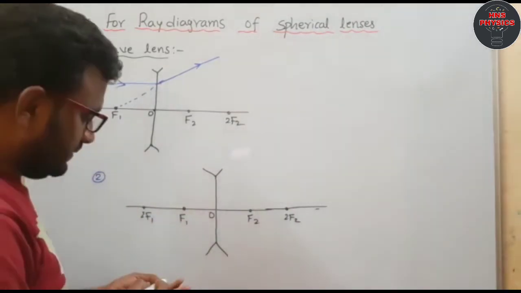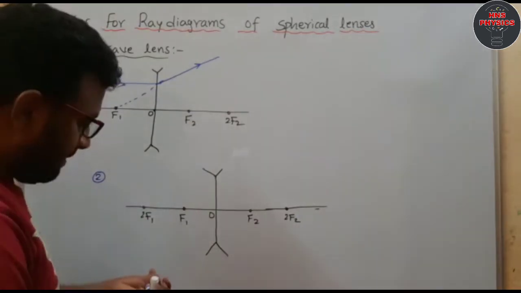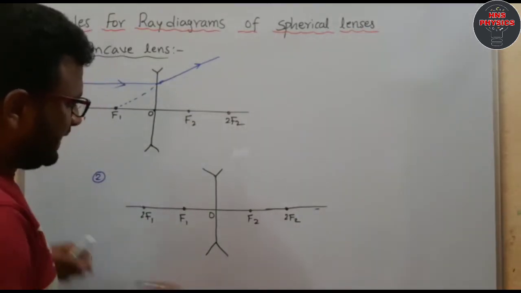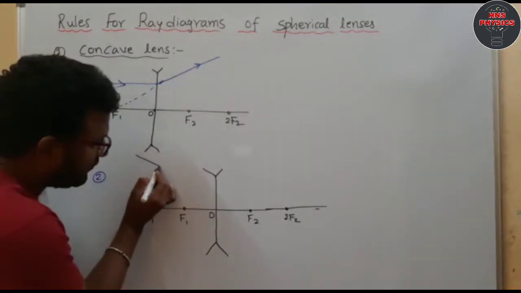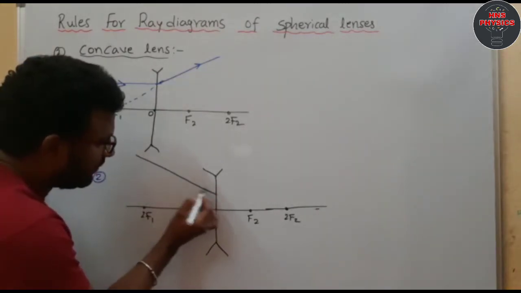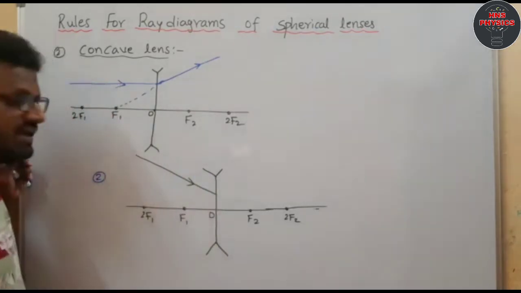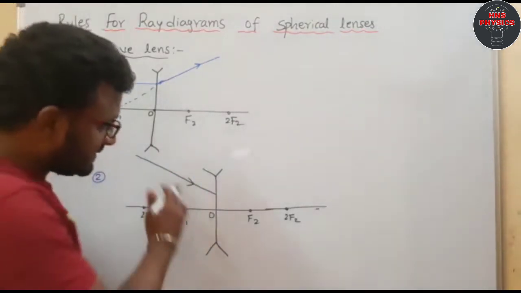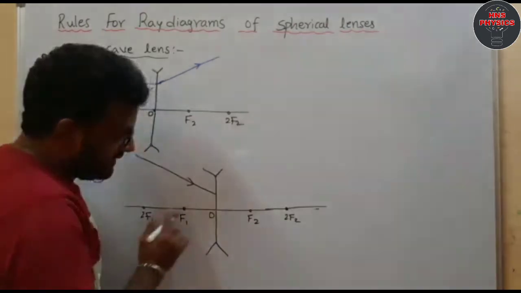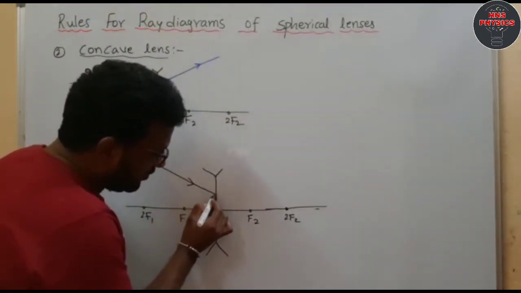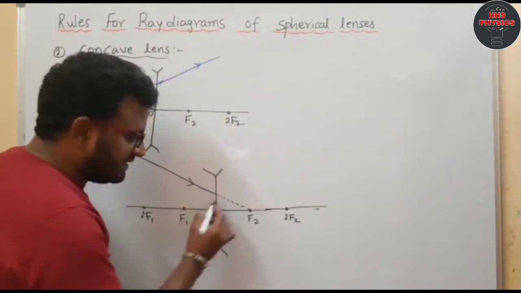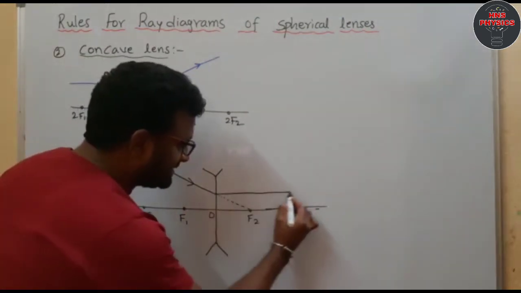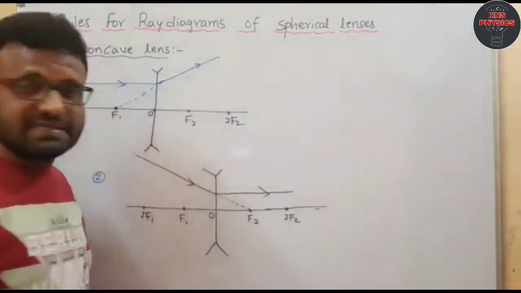Here the ray is passing in the direction of the second principal focus of the lens. After the refraction, the refracted ray passes parallel to the principal axis.